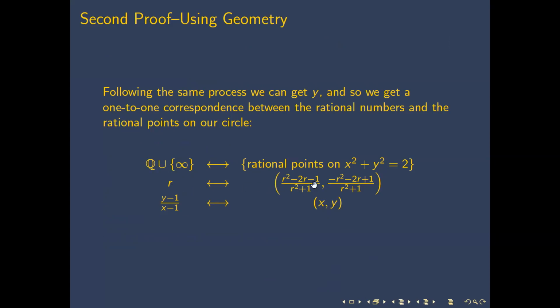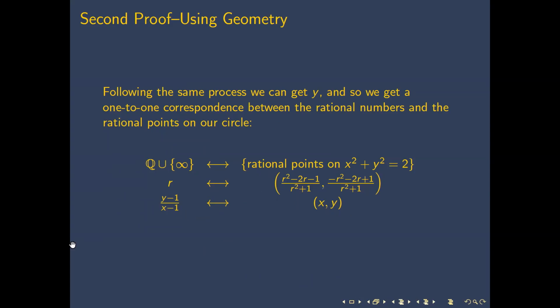So r corresponds to where that line intersects, except for not (1, 1), but the other intersection. And any point except for (1, 1) corresponds to: draw the line from it to (1, 1) and find the slope. By the way, (1, 1) itself would correspond to the slope of the tangent at (1, 1). But anyway, this is the basic idea.